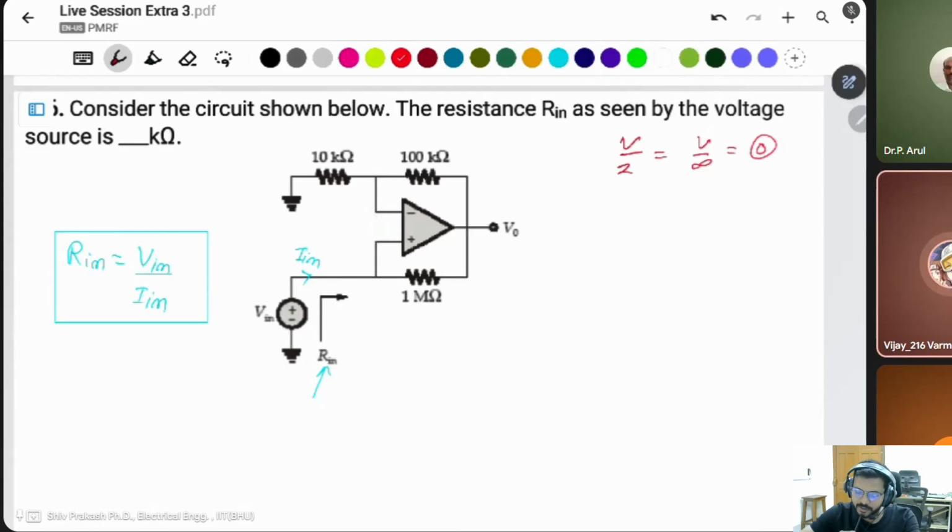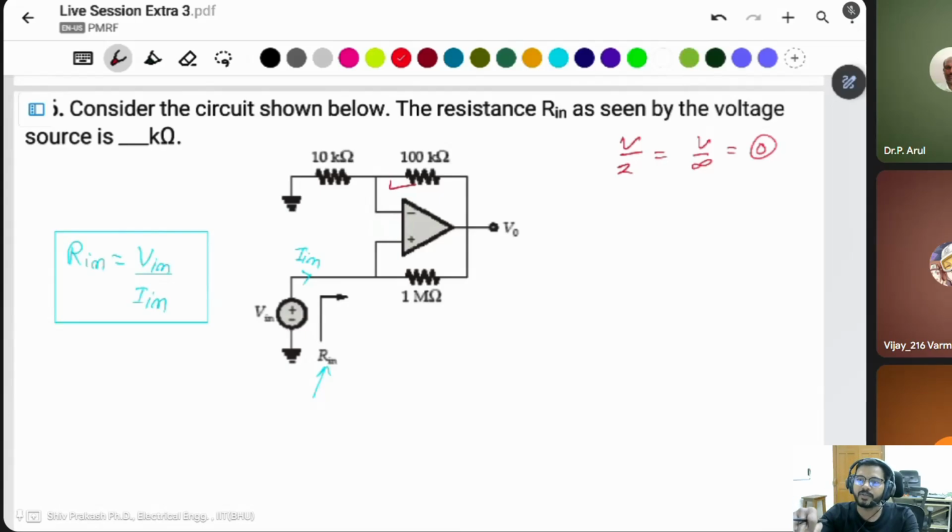Sir, is this one fixed like negative feedback, no, sir? Yes, this is negative feedback. If negative feedback is not there and it is mentioned that the op-amp is ideal, the input current is also 0, but the positive voltage and negative voltage may differ.